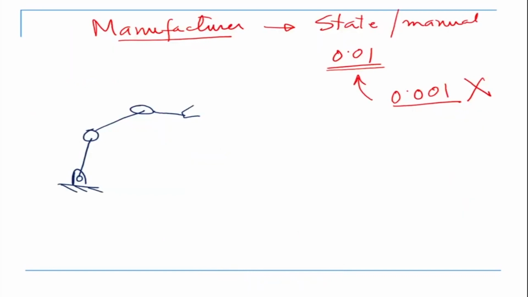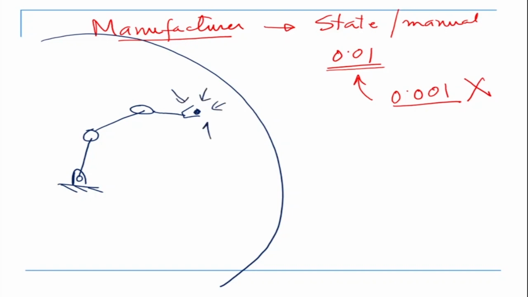So the manufacturer has to actually do the experiment. So at this point, for example, they will come in multiple directions, and each time they'll measure the errors. Okay, and for a very large number of times, and they have to do it everywhere in the workspace. Okay, so everywhere in the workspace, the manufacturer will do this experiment, and something to note is that it is time dependent.